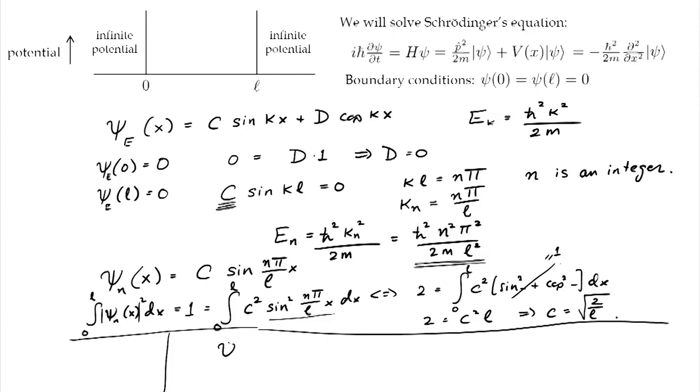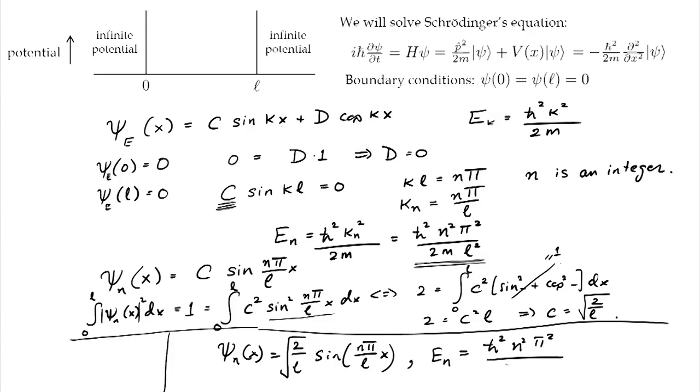The eigenfunctions look like psi sub n of x, which is the square root of 2 over L times sine of n pi over L times x, and the energy E sub n of this eigenfunction is h bar squared n squared pi squared over 2mL squared.